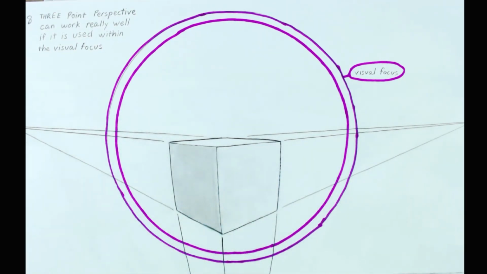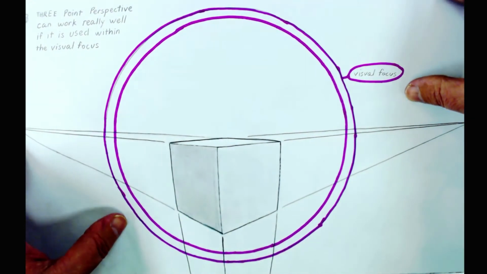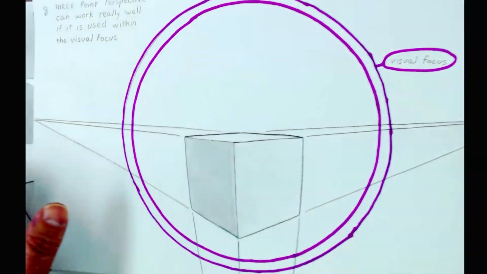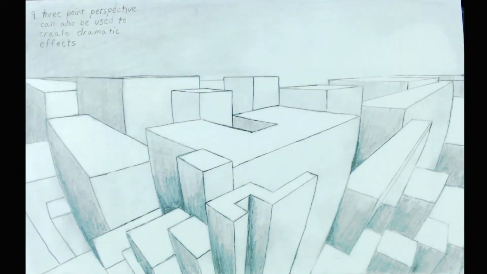Another time that you could use three-point perspective is if you really did want to make some sort of a dramatic statement. And that's kind of neat. So if you see things like visual effects in movies, or illustrations like you would see in a comic book, things that are really exaggerated, yeah, then you could use your three-point perspective that way, and that'd be just fine.